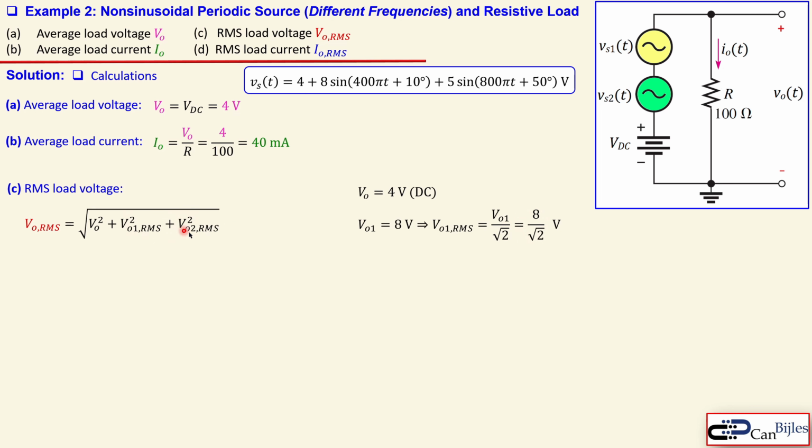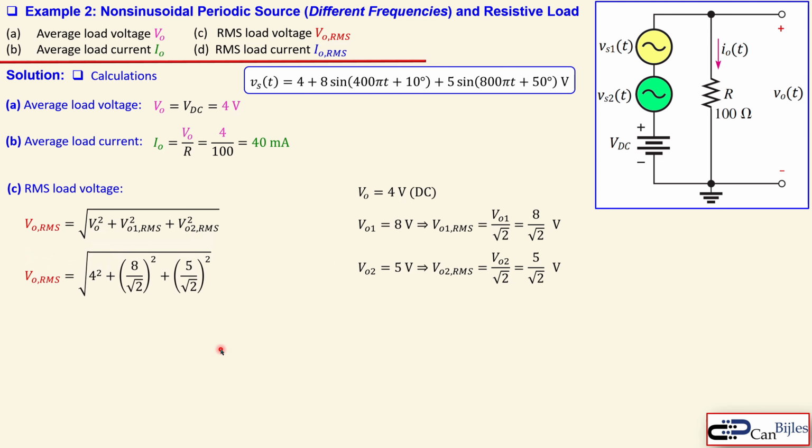Let's do the other one, VO2, which has amplitude 5, so that will be 5 over the square root of 2, in a similar form. Now we have the ingredients for this: 4 here, 8 over square root of 2, and 5 over square root of 2 here. That's shown here. Now we calculate this, and you get 7.778 volts.